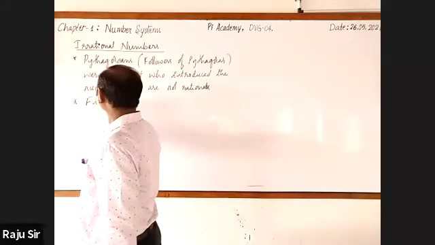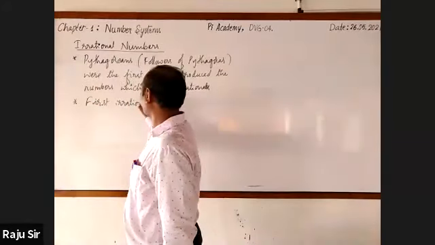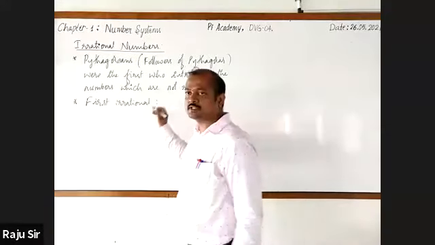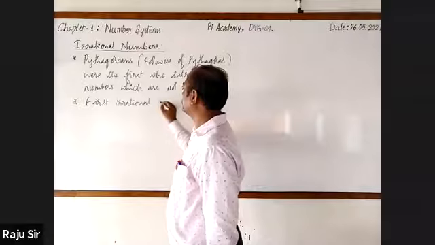Next, the first irrational number disclosed by a Pythagorean is by Hipparchus of Croton. And which is the first irrational? Root 2.